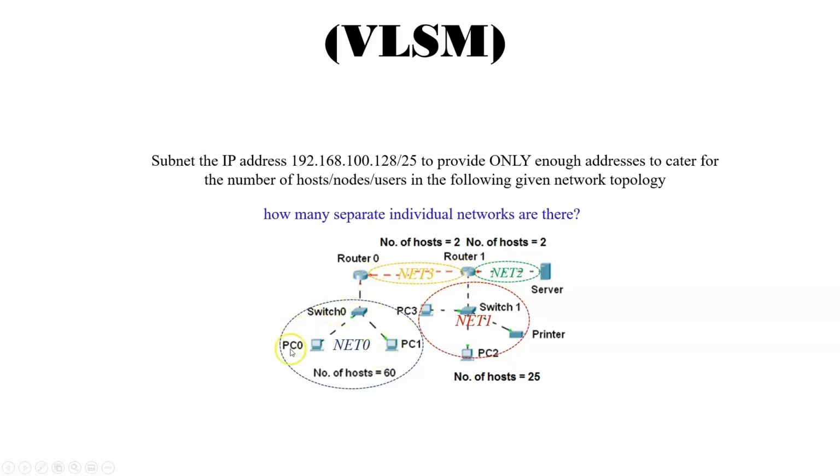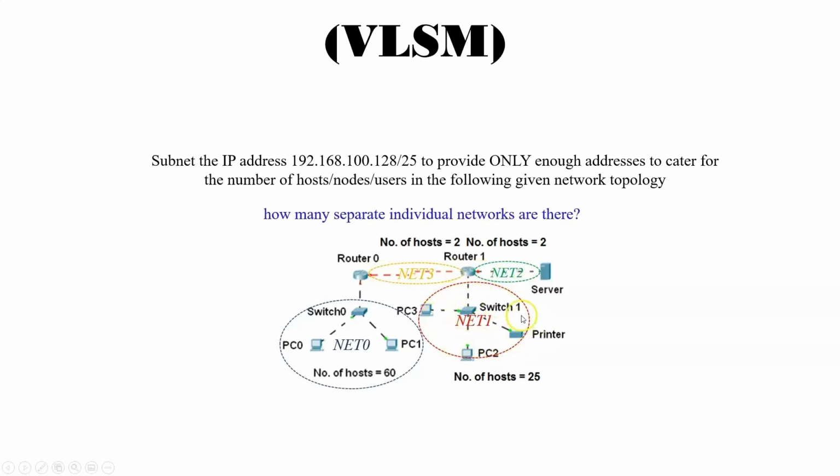If you look here, in network 0 there are 60 computers, for network 1 there are 25 computers, and for network 2, the third network, there are only 2 IP addresses required, one here and one here for this device. So this network, net 2 and net 3, require only 2 IP addresses.